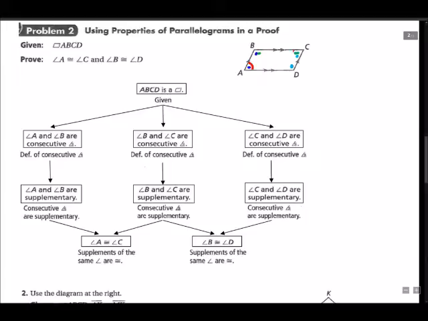A has to be congruent to C because of our congruent supplements theorem. If two angles are supplementary to the same angle, in this case angle B, then those angles are congruent. And this also works for B and D for the very same reason. So that's a really easy little proof there.